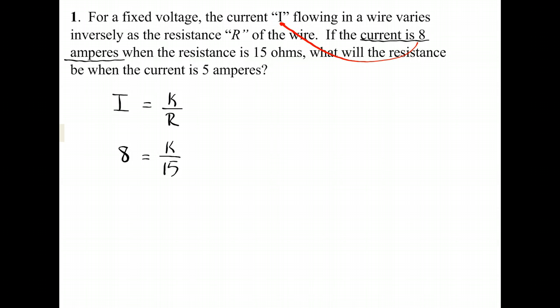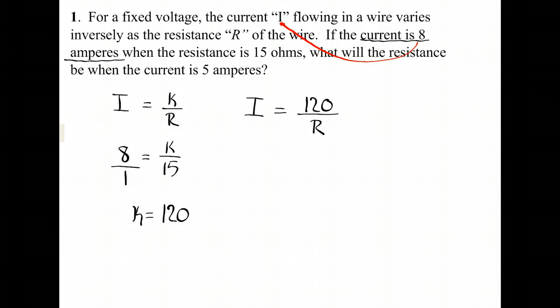So that will allow me to solve for the fixed voltage K. Here you have a proportion, so you can use the cross products. K times 1 is going to equal 8 times 15, which is 80 and 40, which makes 120. So the voltage is 120, which allows you to write your formula essentially as the current I is 120, the fixed voltage, divided by the resistance.